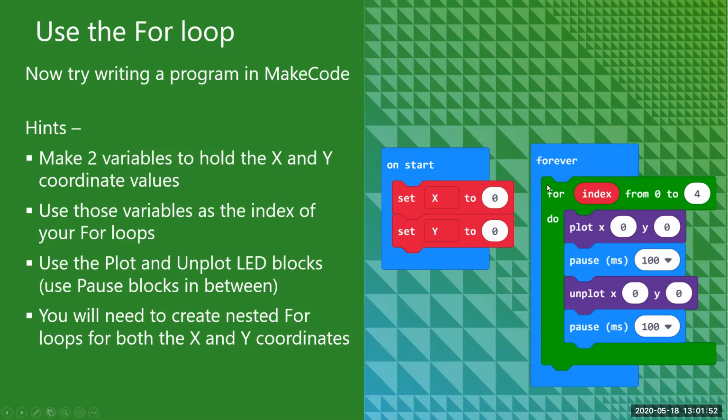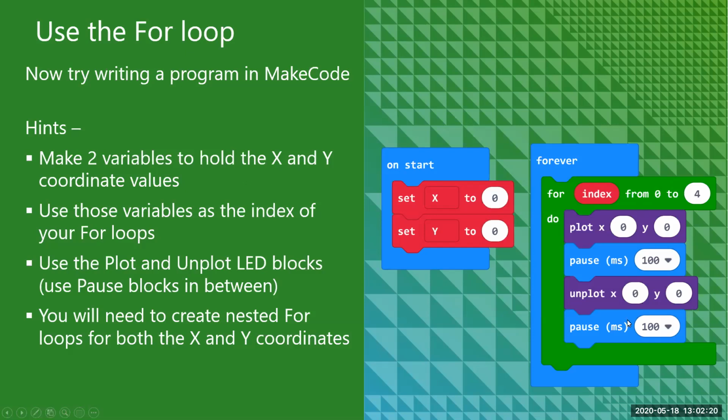Either way is fine. But the basic setup for a for loop is you have for index from 0 to, and then whatever value you put in here. So index is a variable, and it's going to start that variable at 0, and then after it finishes this loop and comes back to the beginning, it's going to increment. In other words, it's going to add 1.